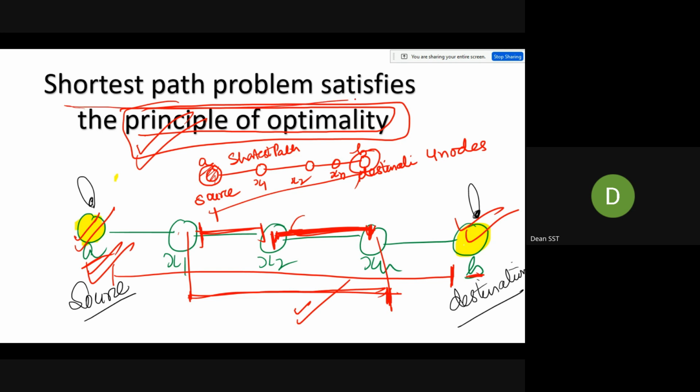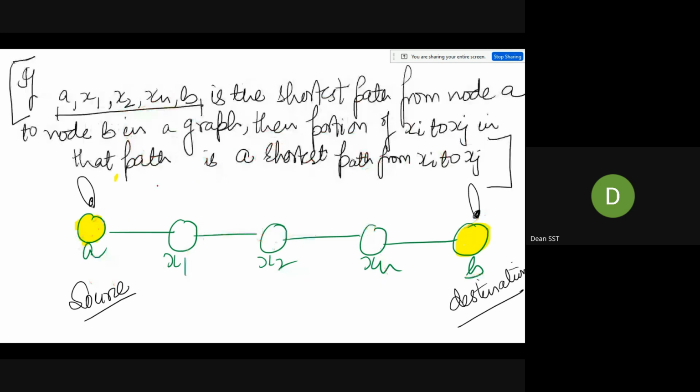The shortest path problem satisfies the principle of optimality. It means if we have found this path to be the shortest path between A and B, we can say that this is the shortest path between x1 and x2.